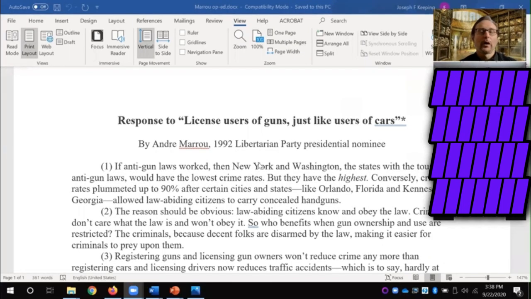Step one of critical reading techniques is consider the context. So what we're interested in here is mainly the title. We're going to consider the title. We're going to consider the author. We're going to consider where it was published and when it was published.